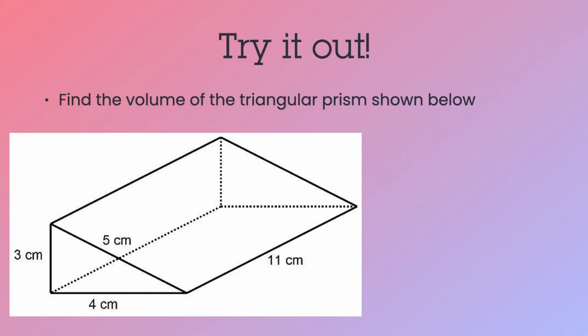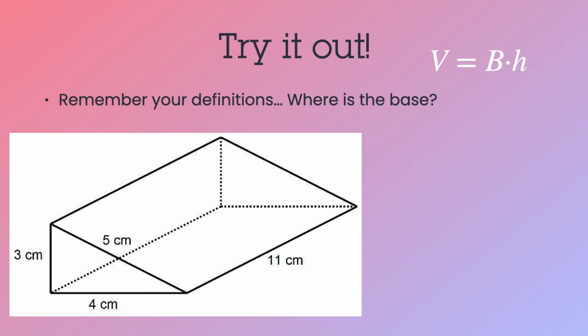We're going to find the volume of the triangular prism here in this picture. Now remember, our formula for volume of a prism is V equals capital B times H. Now, our capital B represents the area of the base. So we have to remember in our definitions of a prism, where is the base of this prism?